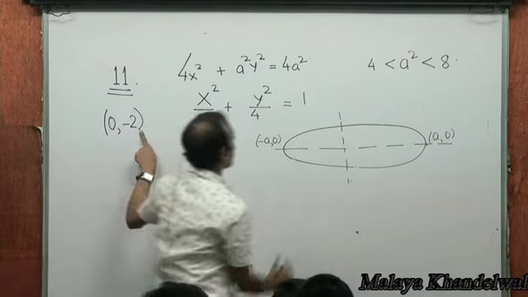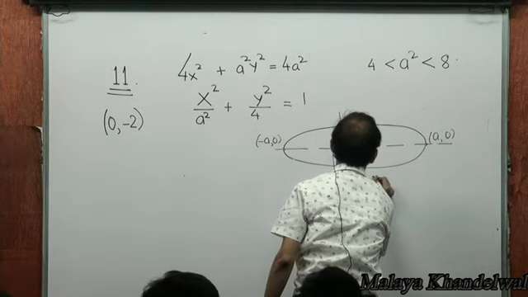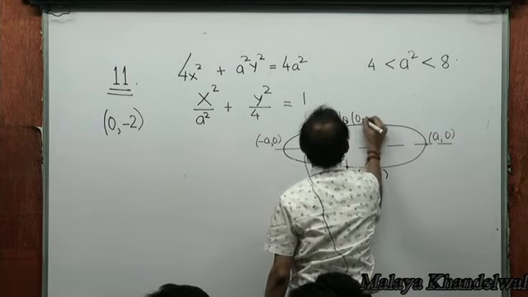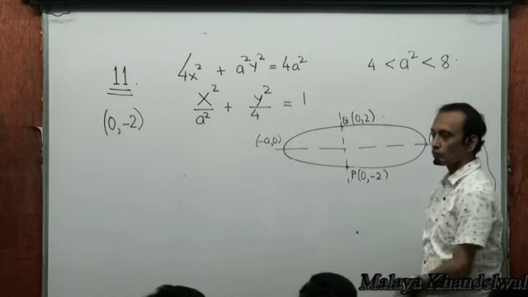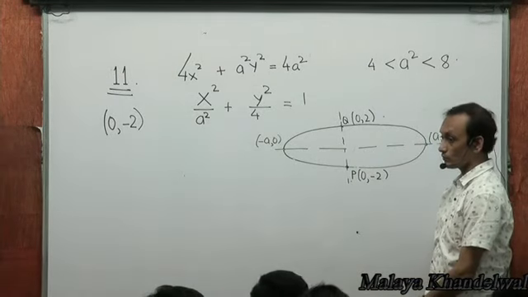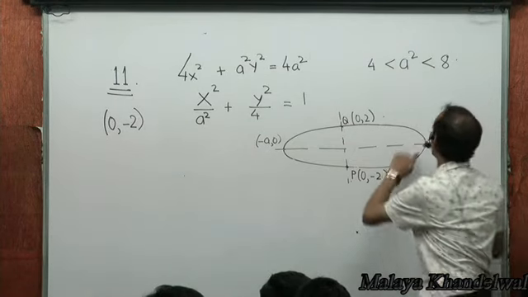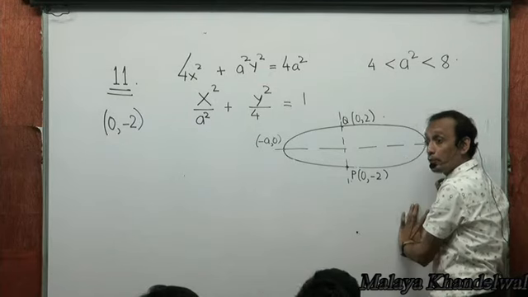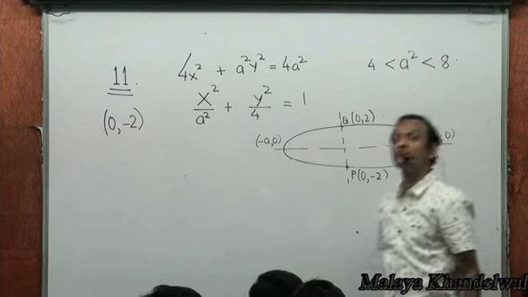So this point (0, -2) is actually this point P. This is Q, (0, 2). I want to find a point on this curve which is farthest from P.